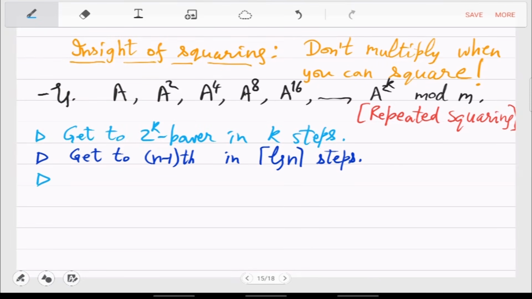So how do you multiply matrices? Recall, if B and C are two 2 cross 2 matrices, how many steps are required?